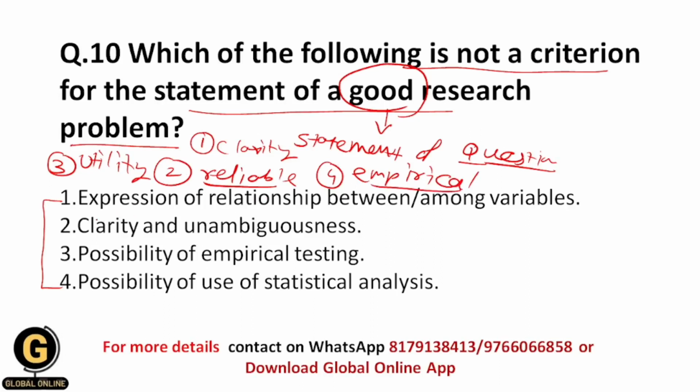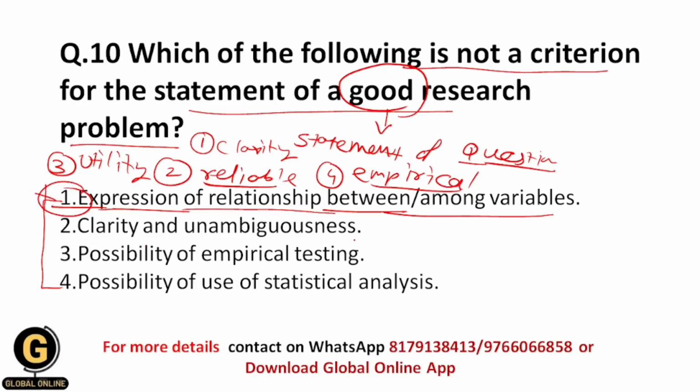So let us see the options. First is expression of relationship between or among variables. So it should express a relationship between variables, because when they don't express the relationship between variables, then we can't test the hypothesis. So it is eliminated.